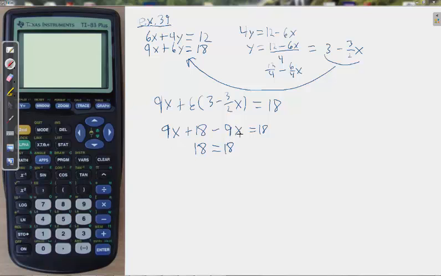Now, this is one of the other cases other than a finite number of solutions. This is a consistent system because if you notice, we came down to something true. What this is saying is that this is true for an infinite number of solutions.